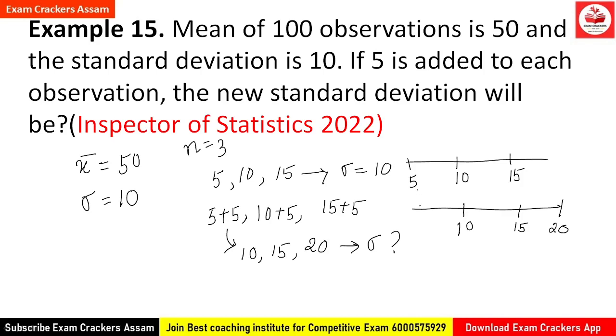Now see, what is the spread of the first data? Each one is at a distance of 5, right? The second one is also the same. So what does that mean? Variation remains the same in the two data sets if you add a constant to each observation. Since the variation is the same, sigma is also 10 in this question.